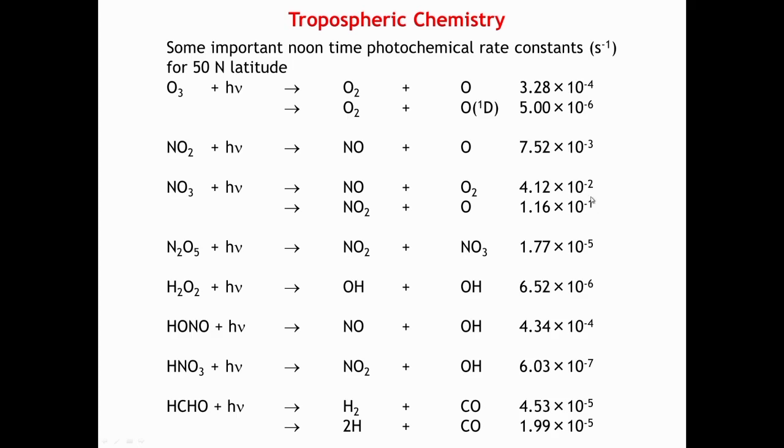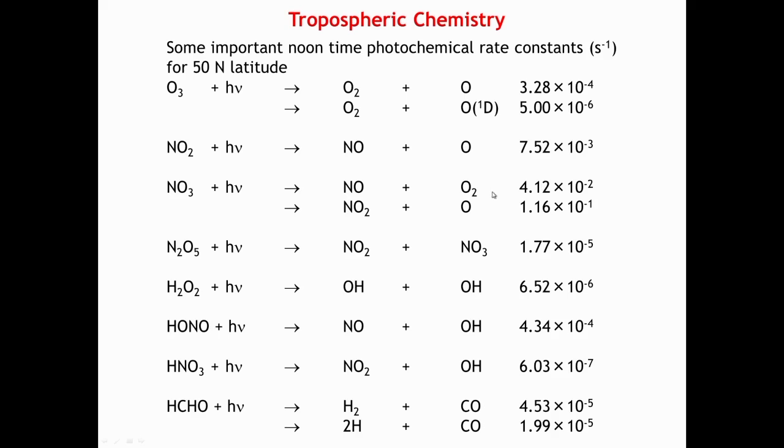The nitrate radical, which is formed from NO2 plus ozone. What does that tell you? The nitrate radical plus a photon gives NO or NO2. What's the lifetime of this transition in the atmosphere? How long will NO3 live with respect to this transition?